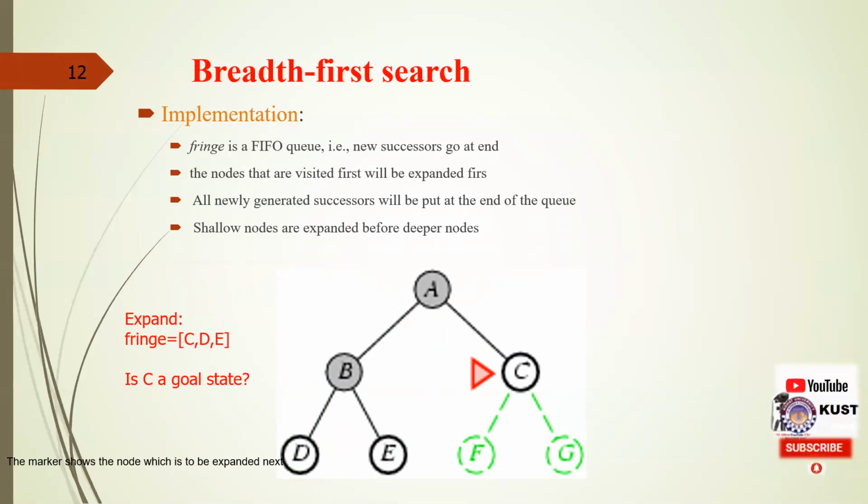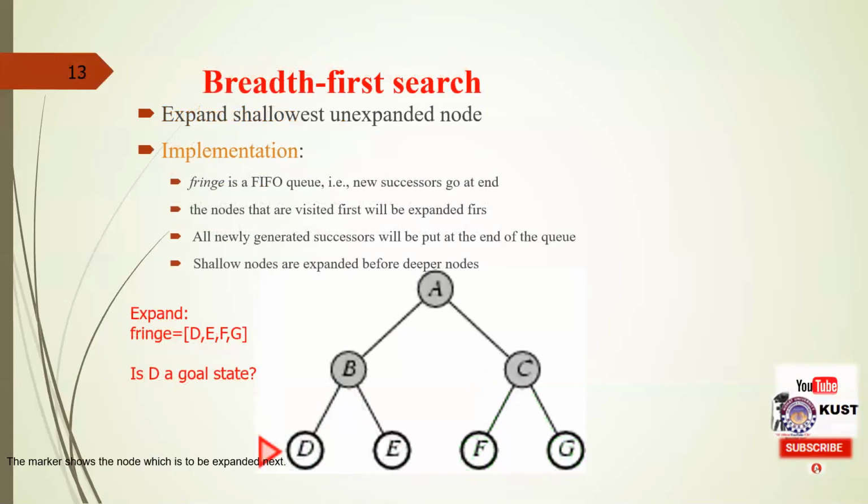Now since B is visited, it is removed from the fringe, and C, including D and E, are queued into the fringe. Repeat these steps until the queue gets empty or reaches the goal.